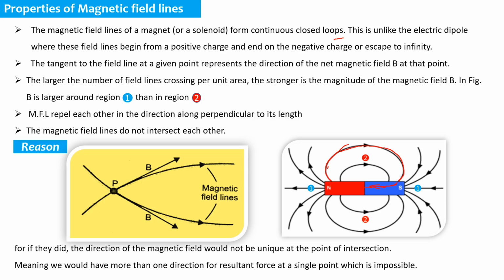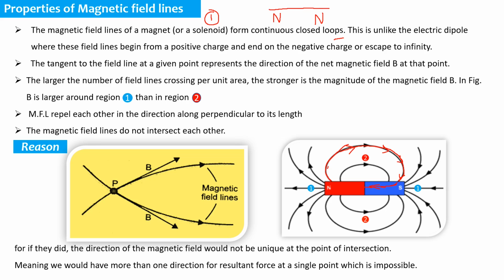So outside the magnet, the direction of the magnetic field line is from north to south, and inside the magnet, the direction of these lines is from south to north. So this is one point you should learn from here. Inside a magnet, the magnetic field line direction is from south pole to north pole, while outside it is from north to south.